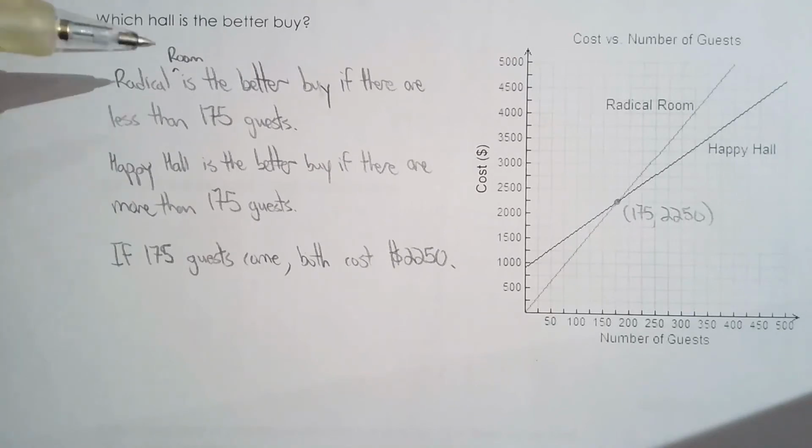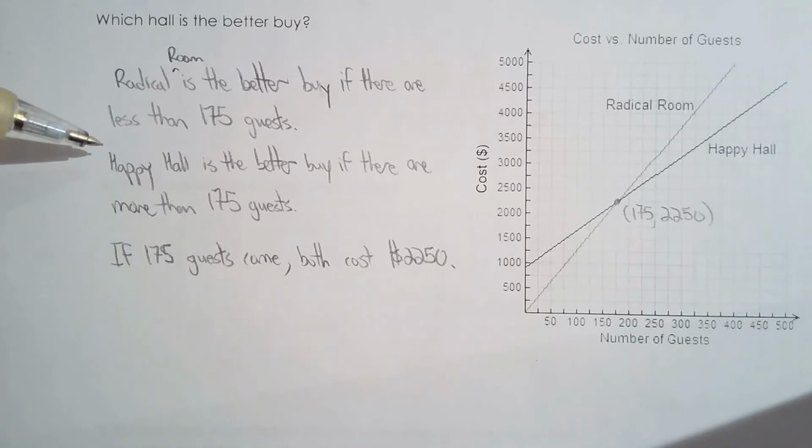So the better buy is Radical Room if it's less than 175 guests, and Happy Hall is the better buy if there are more than 175 guests. But one more time, I have to state, there's nothing else that's different between the two rooms.